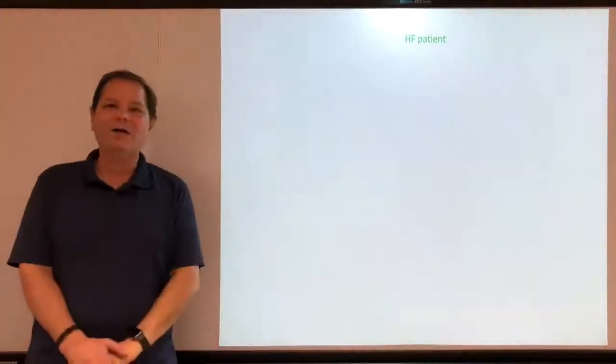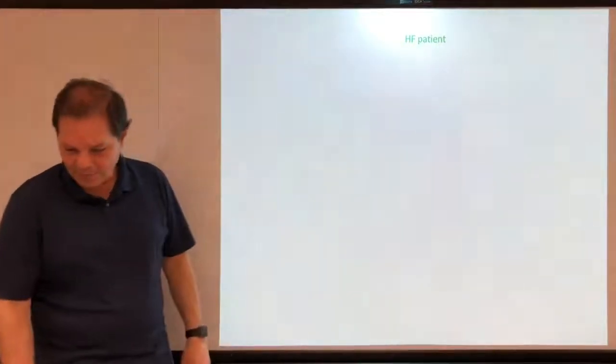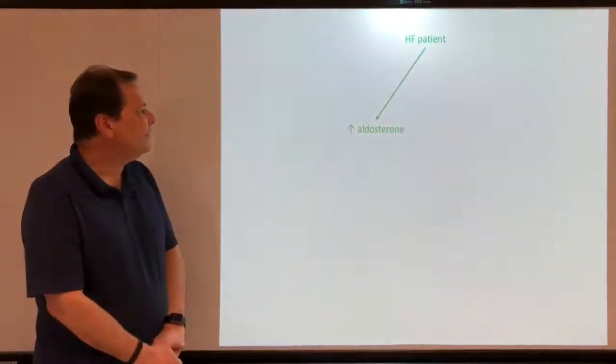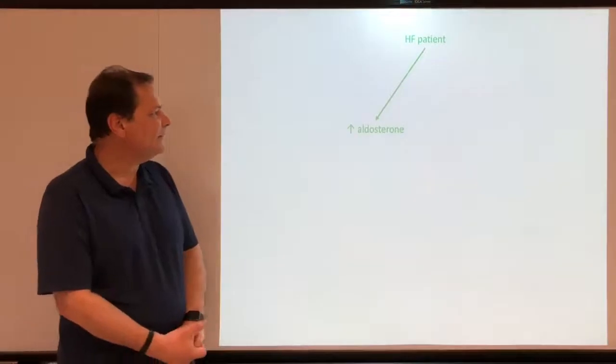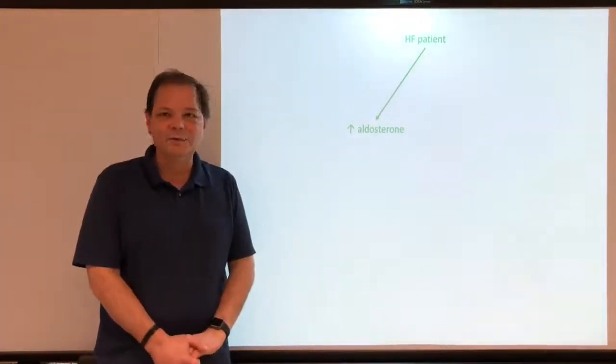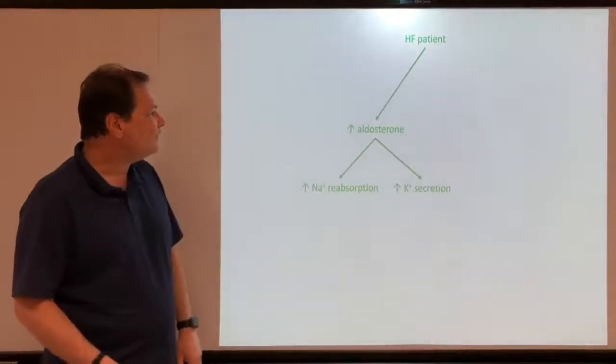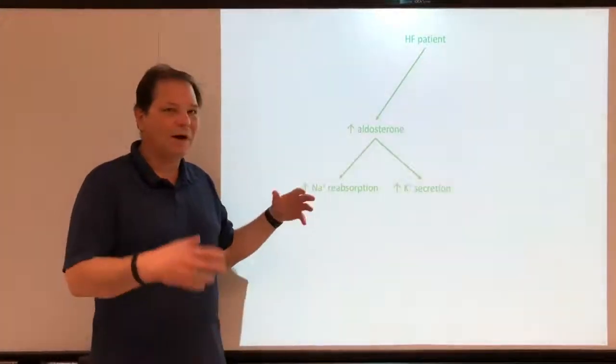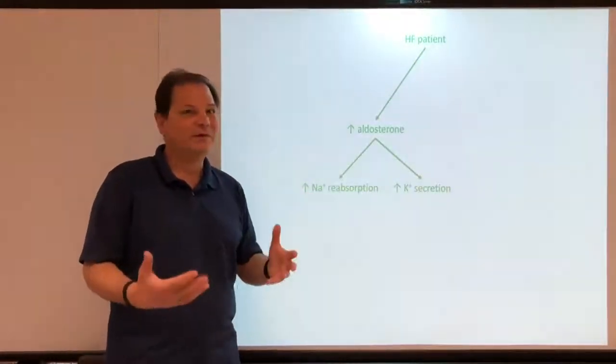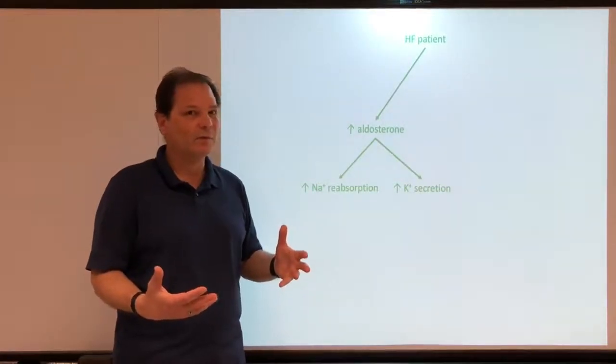So let's say you have a heart failure patient, okay? That patient is increasing his or her aldosterone in an effort to retain fluid, so as to increase the preload and increase the cardiac output back toward normal, right?